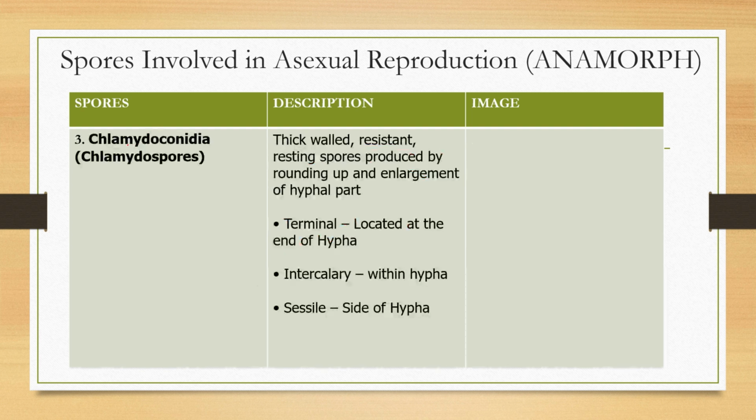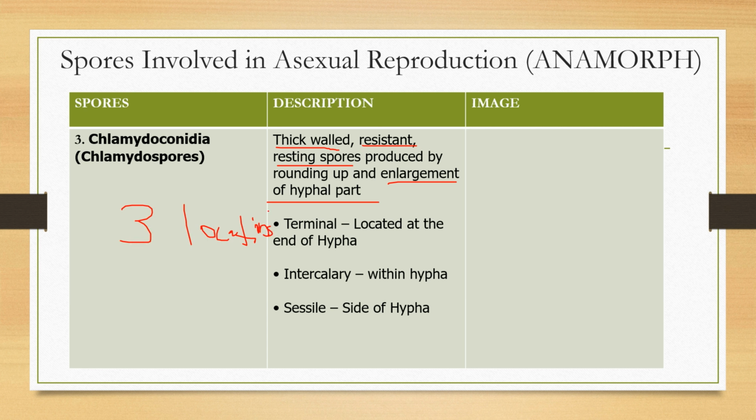The third one is your chlamydoconidia, also known as your chlamydospores. They are thick-walled, resistant resting spores produced by rounding up and the enlargement of a hyphal part. Now, for your chlamydoconidia or chlamydospores, there are three locations.